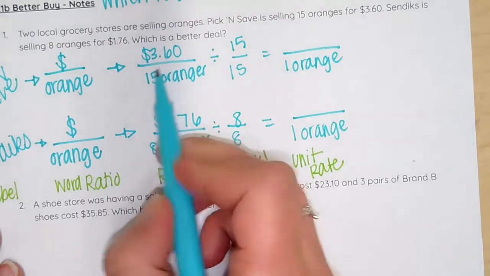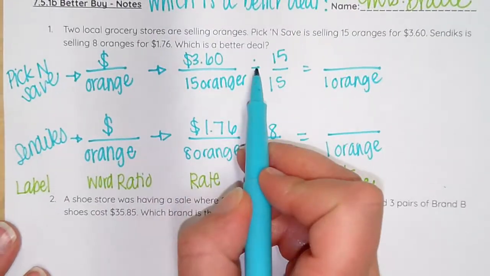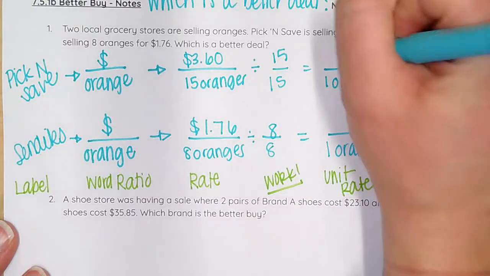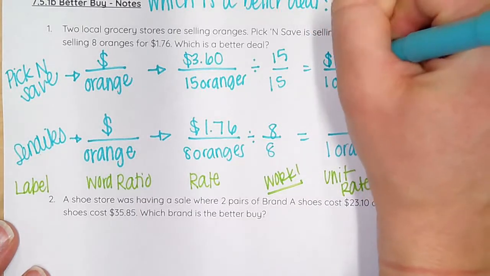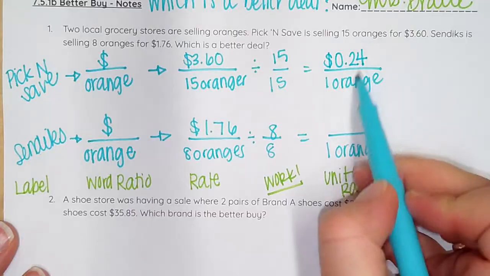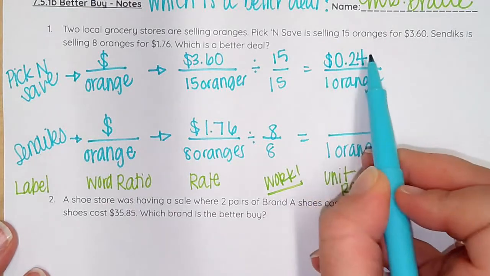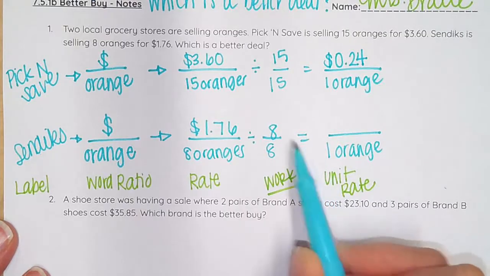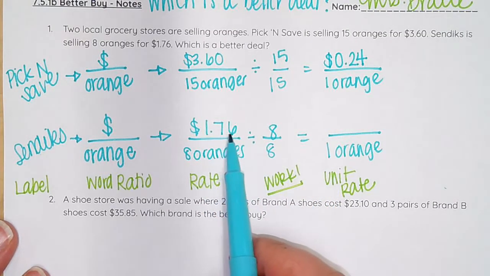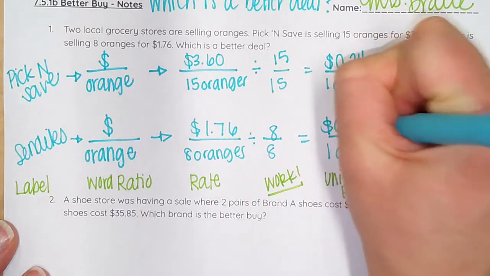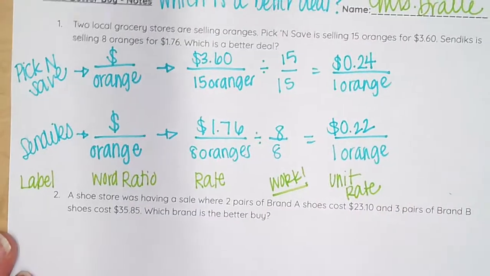So $3.60 divided by 15 on my calculator gets me 24 cents for 1 orange. 1 orange will cost me 24 cents. At Sendix, $1.76 divided by 8 leaves me with 22 cents per 1 orange.